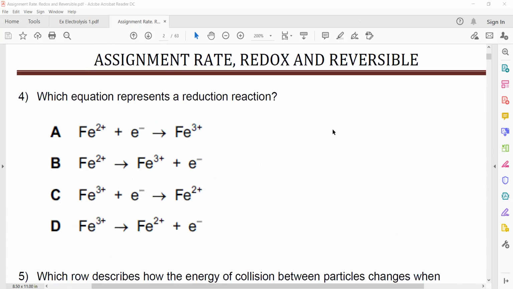Which equation represents reduction? Reduction means gain of electrons. If the ion gains electrons, the charge should decrease. Which represents reduction? You remember from OIL RIG, oxidation is loss, reduction is gain.